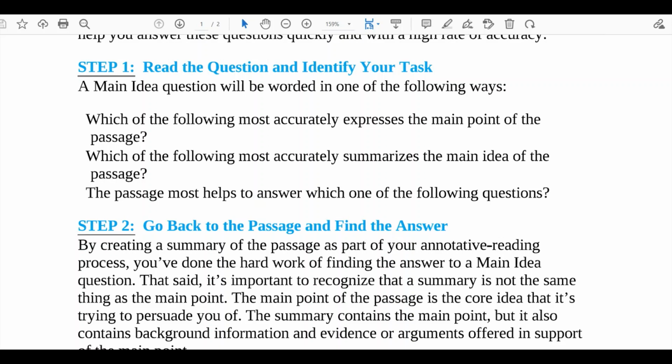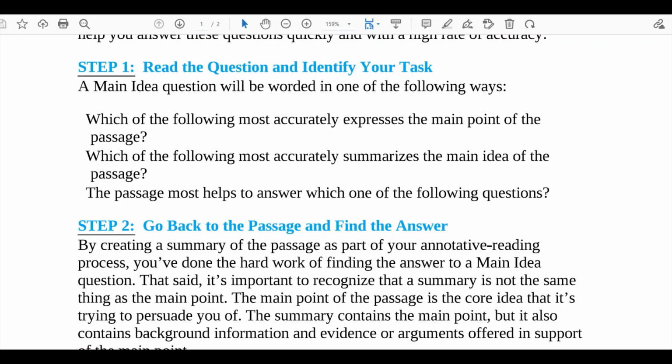Step one, read the question and identify your task. A main idea question will be worded in one of the following ways. Which of the following most accurately expresses the main point of the passage? Next, which of the following most accurately summarizes the main idea of the passage?